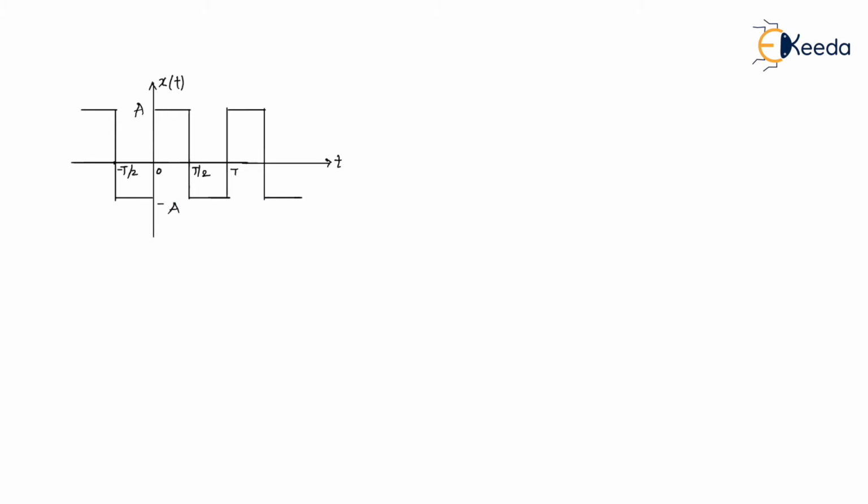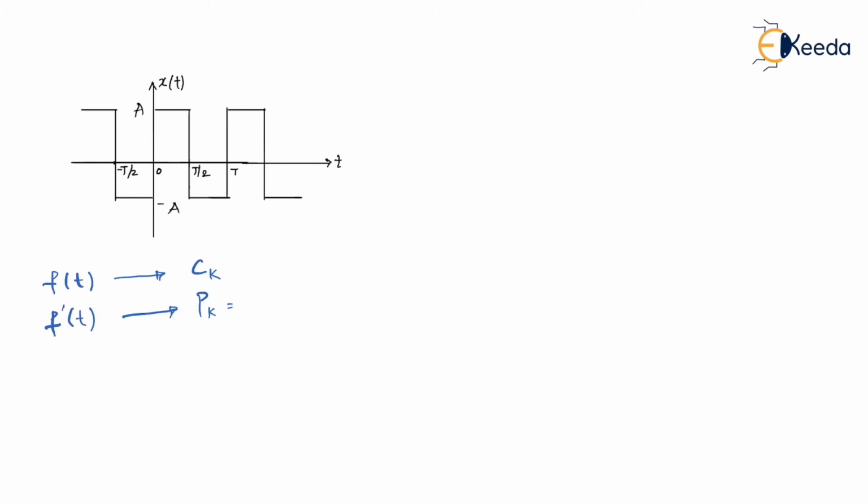So if we believe that for f of t the Fourier series coefficient is ck, then for f dash of t, let us call that Fourier series coefficient pk.